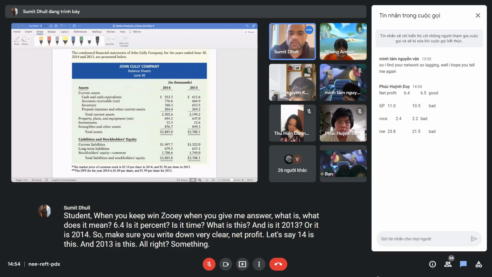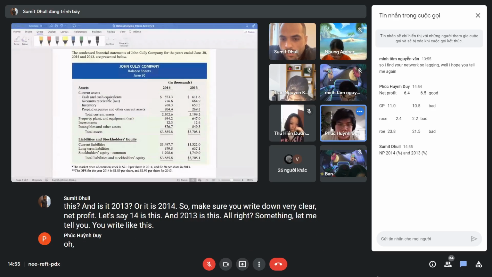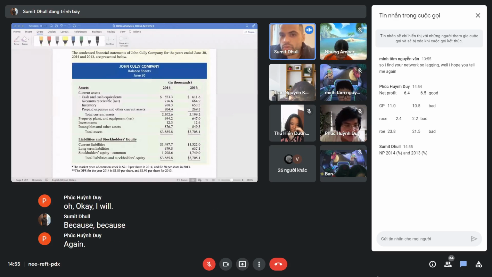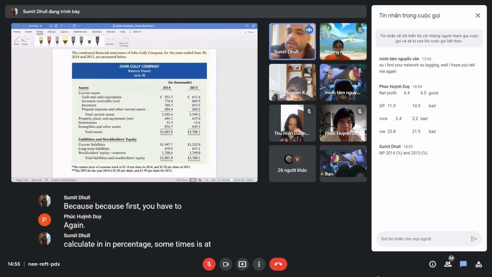You write like this. Because you have to calculate in percentage, sometimes in days. At least you should know.